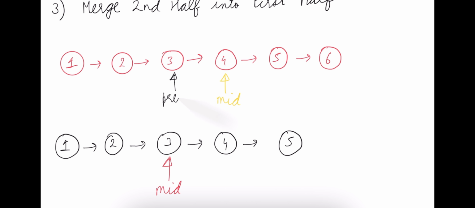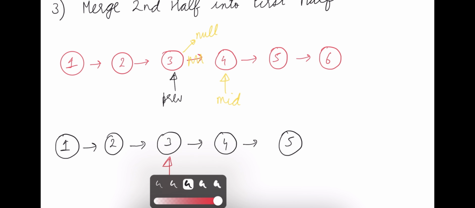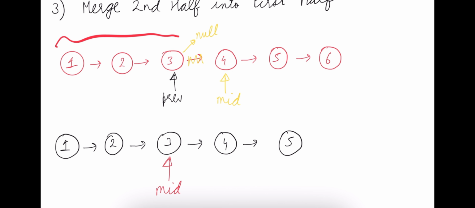This would be previous, and we have to break the linked list here. If I break my linked list here and point it to null, I have separated the linked list into two halves. This is going to be my first half, and this is going to be my second half.